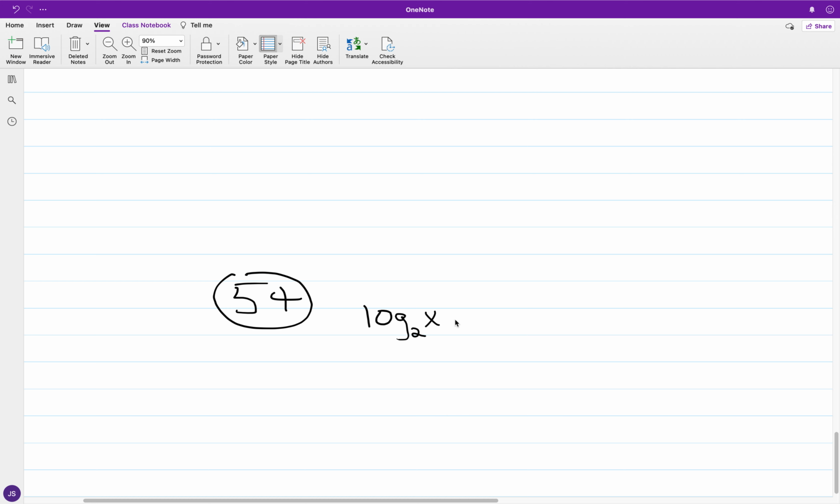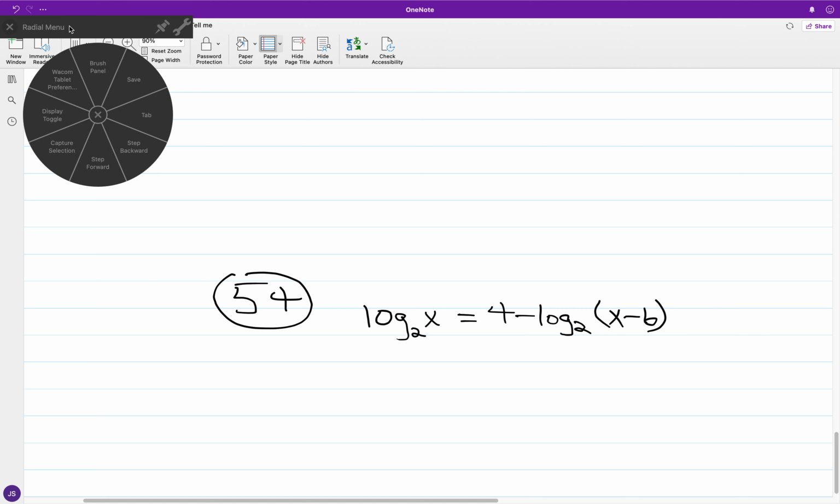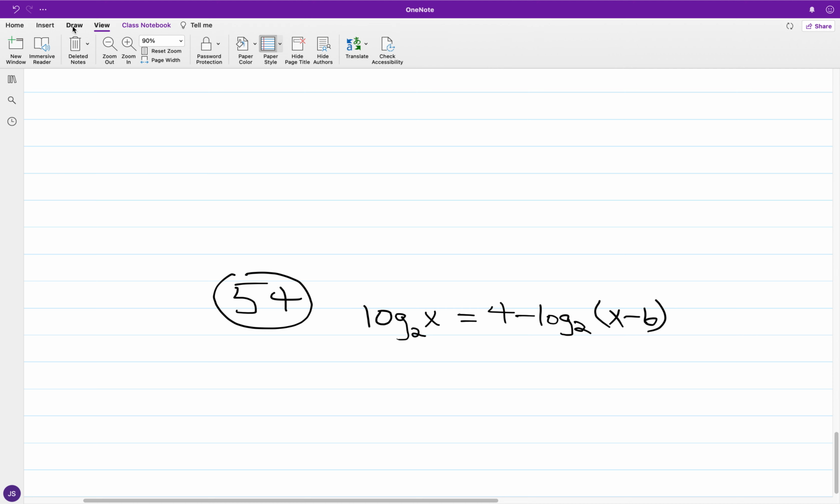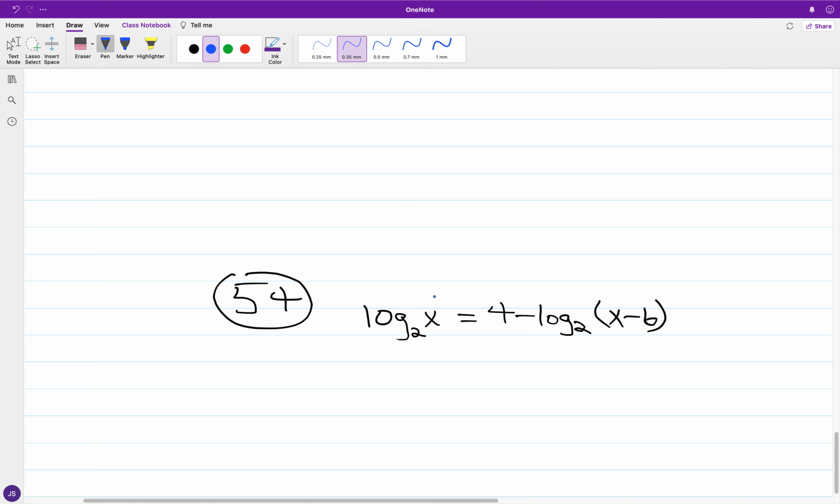So the base 2 logarithm of x is equal to 4 minus the base 2 logarithm of the quantity of x minus 6, and once again, whatever I have for x as well as x minus 6, those attachments must be positive.